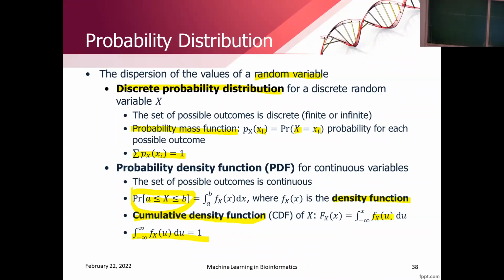Actually, if we go deeper in the definition of the density function, we would find that there are some more requirements, but what is most important, we have this formula for computing the probability that the value of the random variable is from a given interval. And the probability must be non-negative.